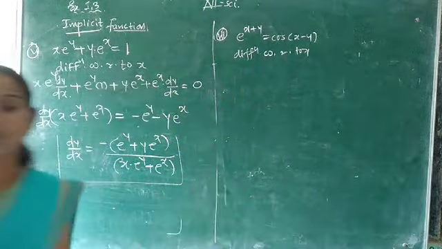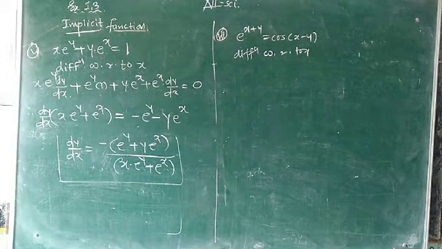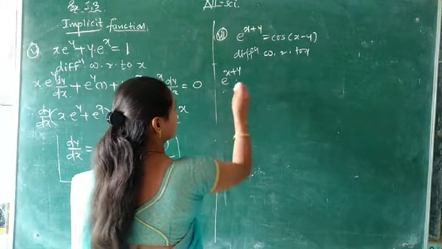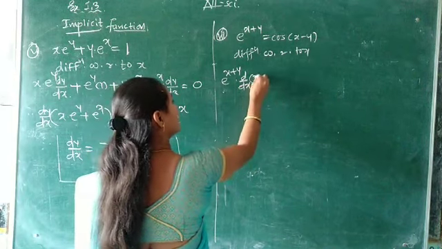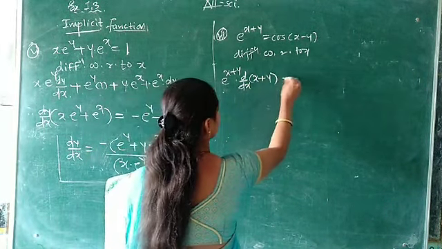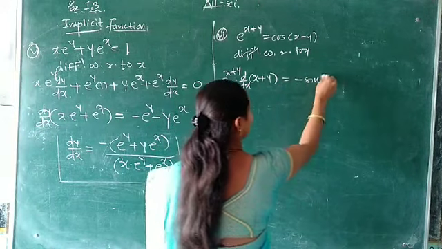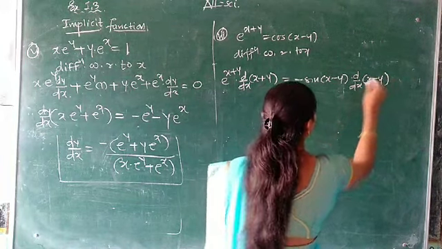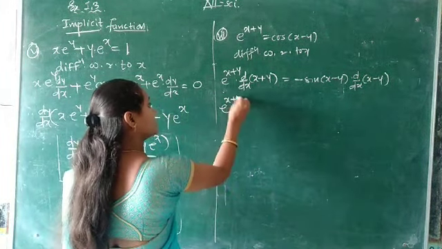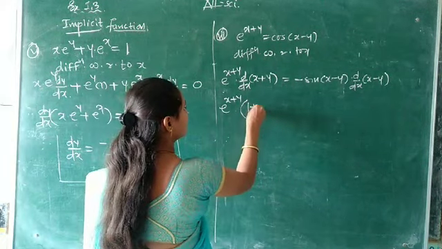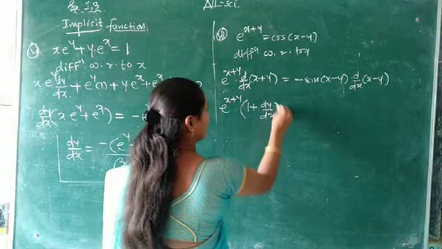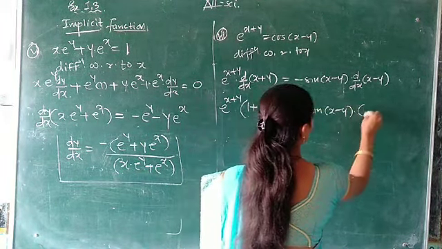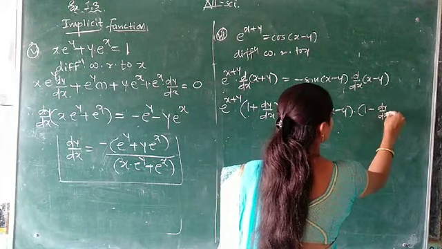Again, the derivative of e raised to f of x is e raised to f of x into the derivative of f of x. So e raised to x plus y into the derivative of x plus y is equal to the derivative of cos, which is minus sin of x minus y, into the derivative of x minus y, which is 1 minus dy upon dx.